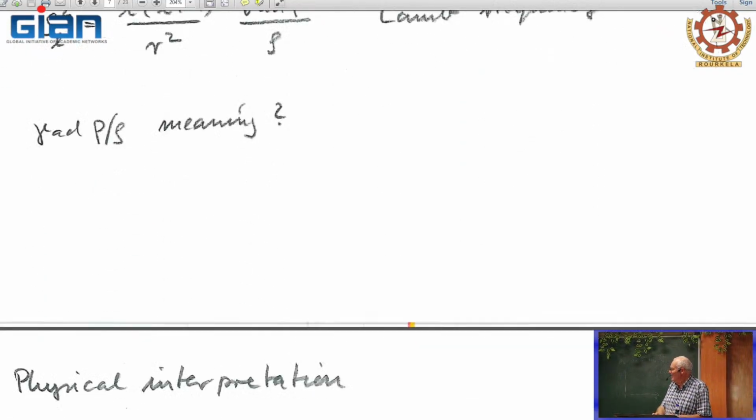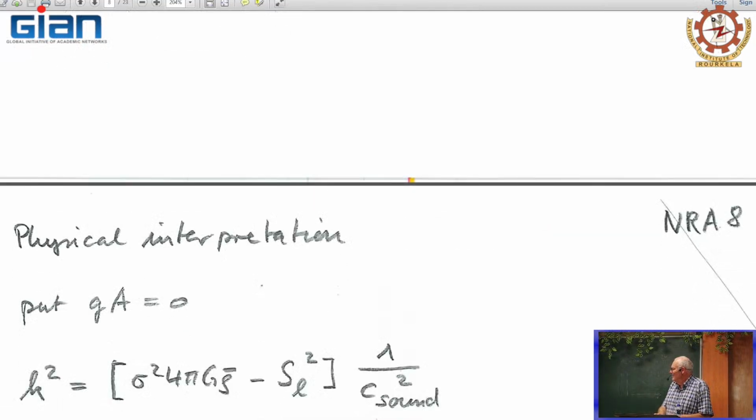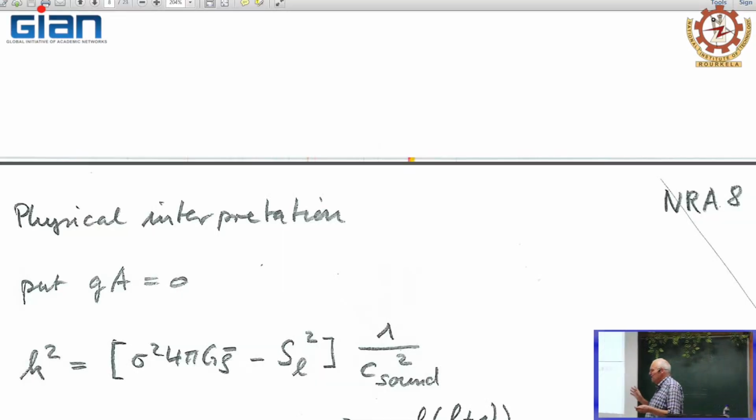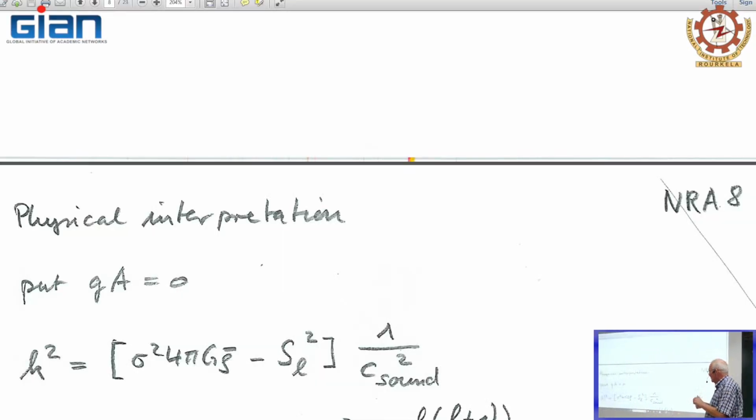Okay, now, what is the physical interpretation? Once we can now perform two approximations to this dispersion relation. First of all, we put the term GA equal to 0. What does it mean? We put either the gravity equal to 0 or the quantity A equal to 0. A was the entropy gradient.